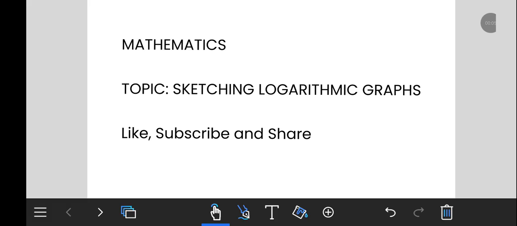Welcome to this session where we're going to look at sketching logarithmic functions, or log graphs. Sketching logarithmic graphs is very simple, but you just need to master the technique.